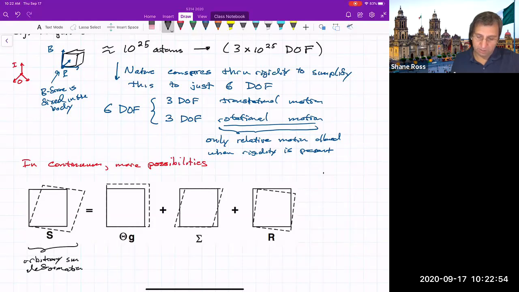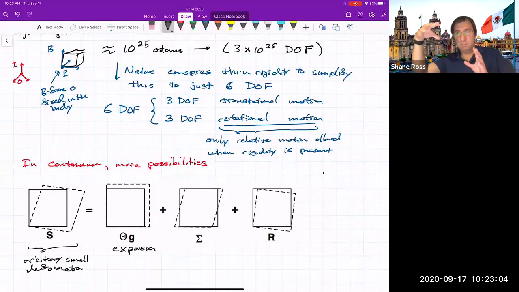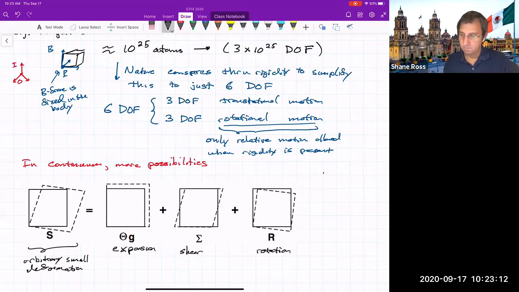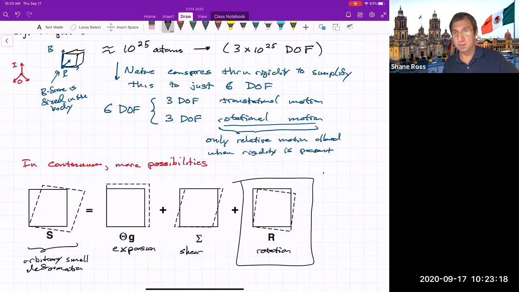Arbitrary, say, small deformation, can be decomposed into different things. This first one, don't concern yourself with the simples. This is expansion, and expansion could be negative, meaning shrinking. So you could have expansion plus shear plus rotation. But we're only considering rotation because if you have rigidity, expansion and shear can't happen.